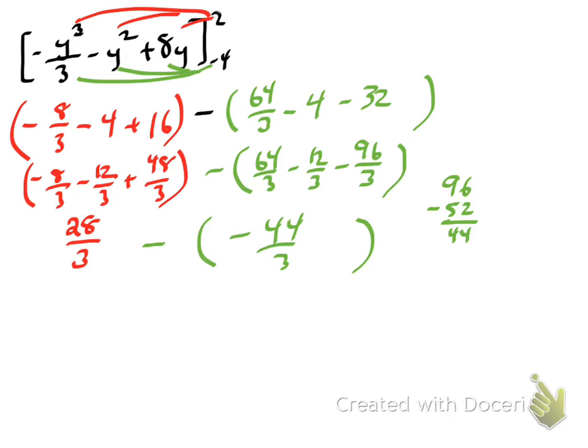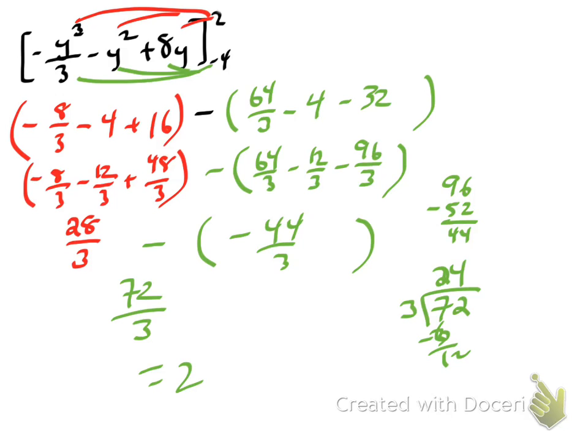I'm actually adding these, however, so let's see what 28 and 44 will give us. Well, 30 and 44 is 74, and then take away 2 to get back to 28. That'll give me 72 divided by 3. And 72 divided by 3 is one that I should know, but don't really feel like exercising that muscle. Looks like it's 24.